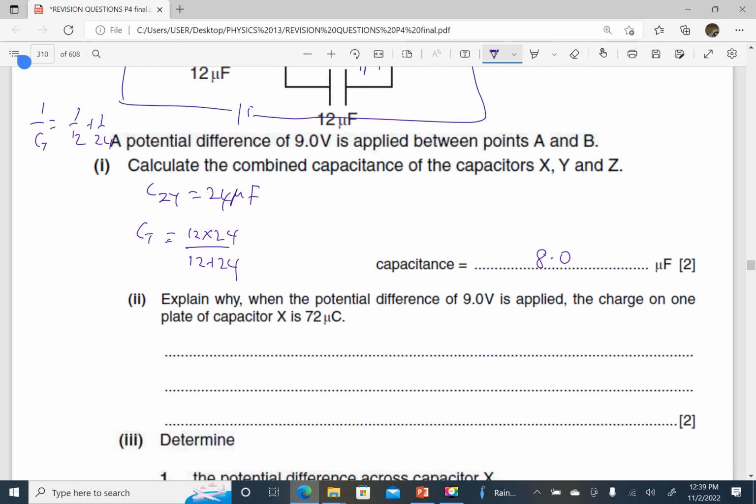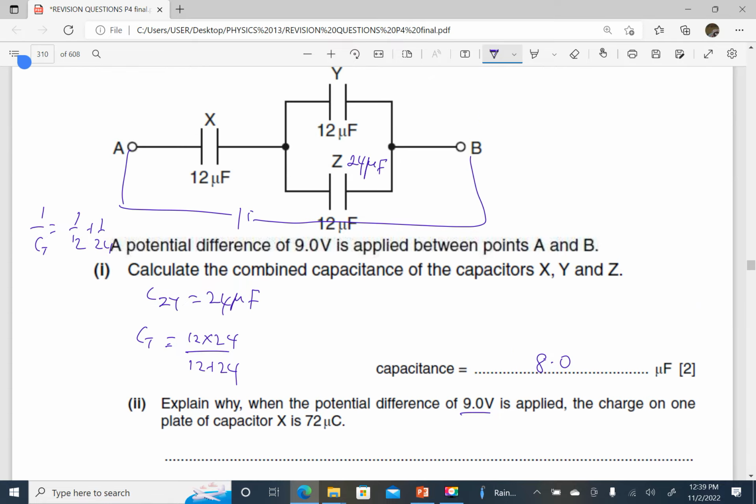Explain why when the potential difference of 9.0 volts is applied, the charge on one plate of capacitor X is 97 microcoulombs. Why is the charge on X 97 microcoulombs? You see that X is in series with the battery.